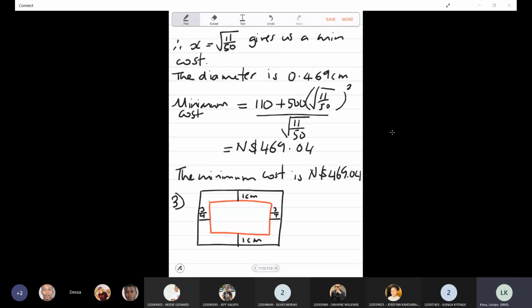Now we are looking for the dimensions of the paper so that the area between the margins is maximum. So we don't know what the dimensions of this paper are, but we know that the paper is a rectangle. So this is X and that is Y over there. Then we can come up with our equations from there.